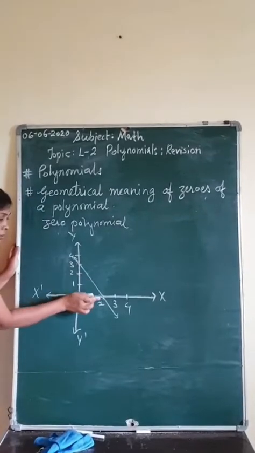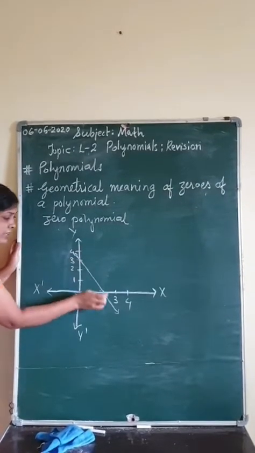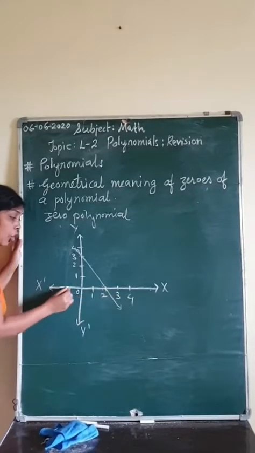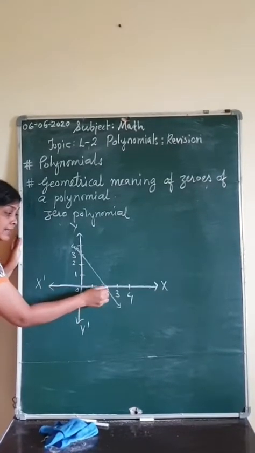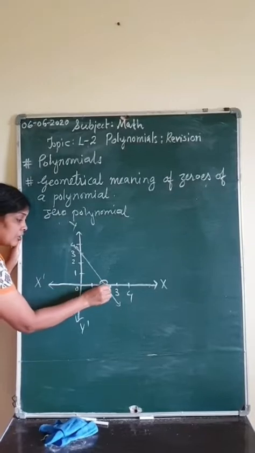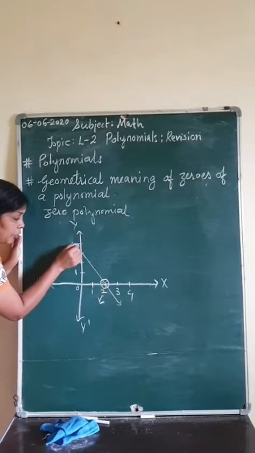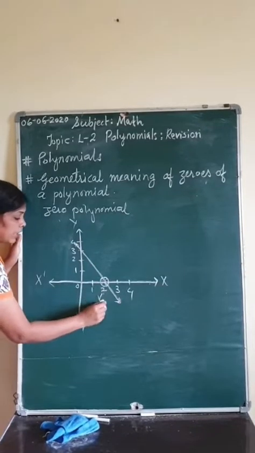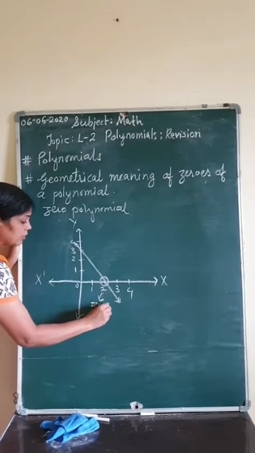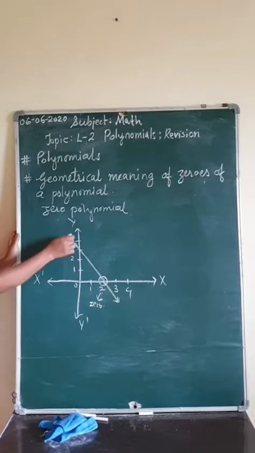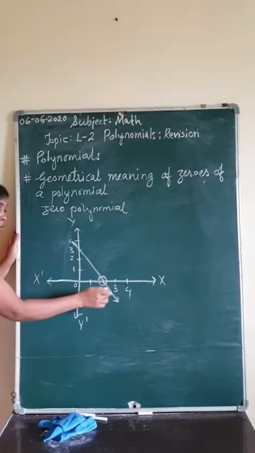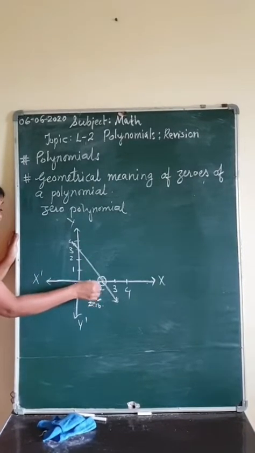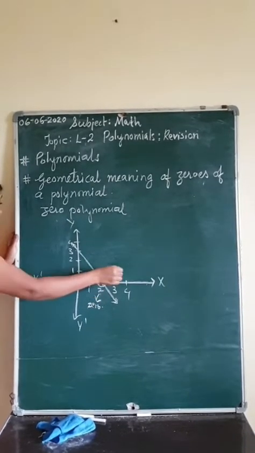If the line representing this polynomial is cutting the x-axis at 2, this is nothing but the zero of the polynomial. So this 2 is the zero of the polynomial. And how many zeros does the polynomial representing this line have? Only 1 zero. Why? Because it is cutting at only one point of the x-axis.